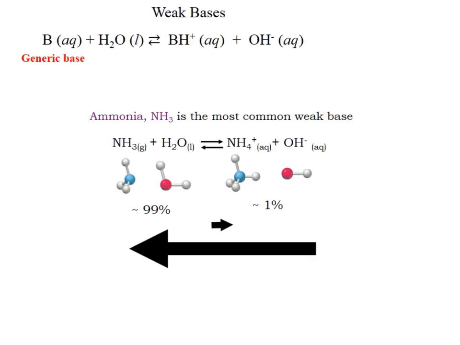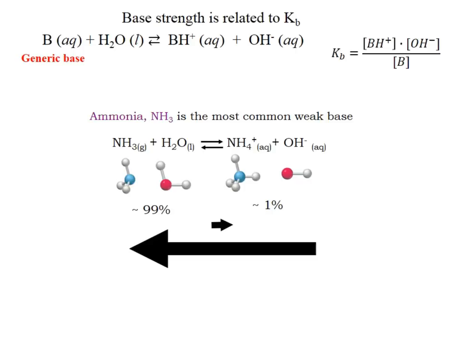So this equilibrium lies far to the left. The degree of basicity, how strong a base is, is described by its Kb. Large Kb values lie further to the right. Those would be considered stronger bases because they're going to form more hydroxide ion in solution. So base strength is related to Kb.